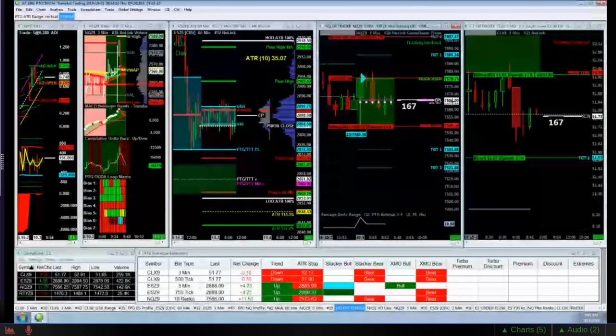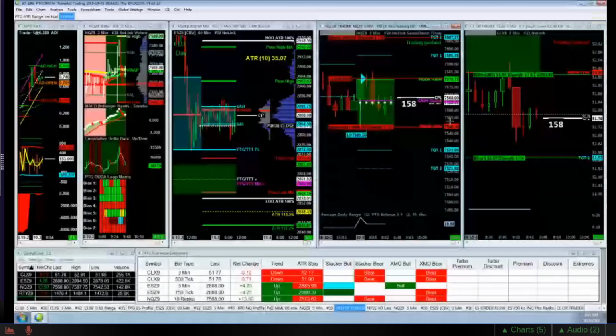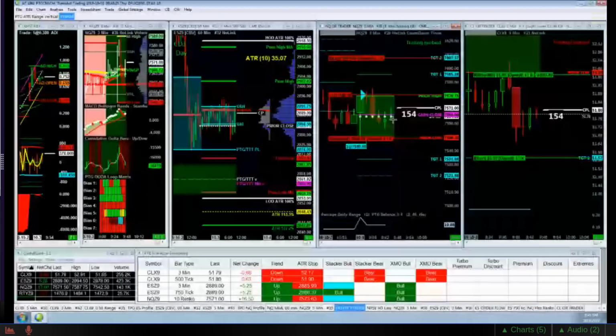So we end up mitigating our initial loss and possibly getting on the right side with a gain. Again, we're very strict on the parameters here.